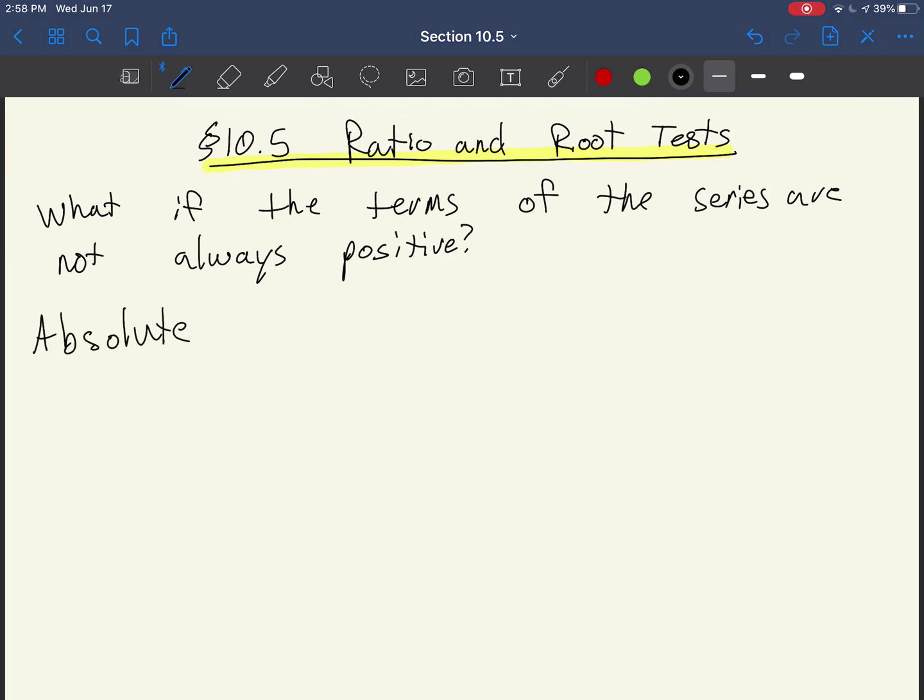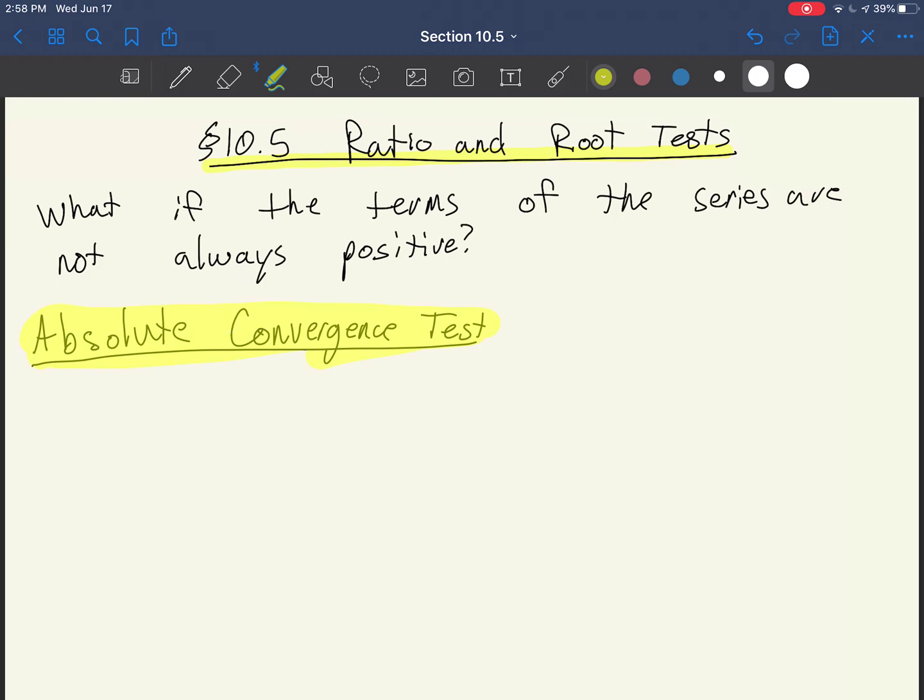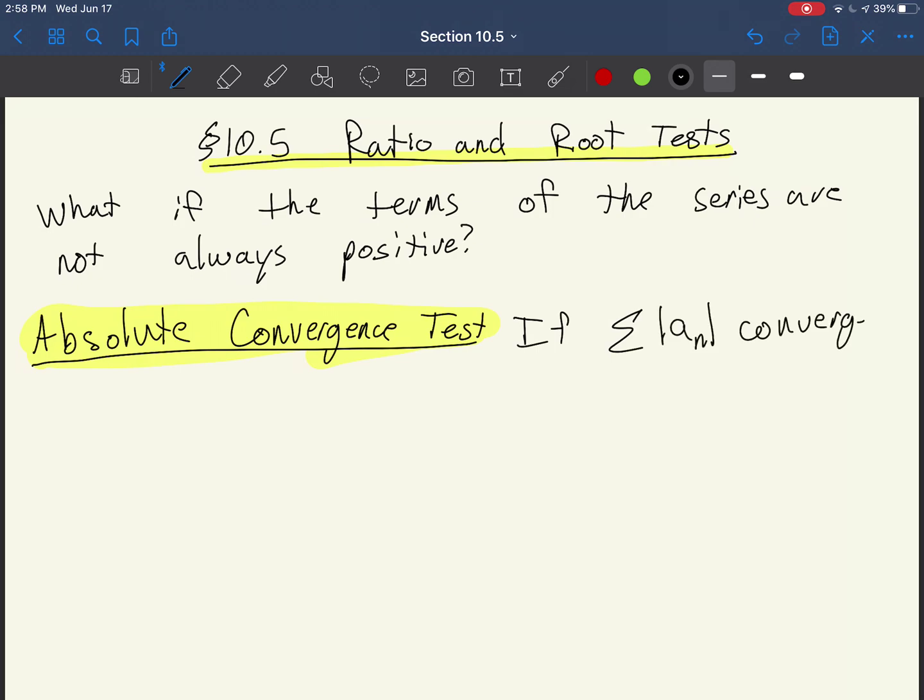So to talk about that, we have a theorem that we call the absolute convergence test. We have seen a theorem similar to this when we were looking at sequences. This says that if the summation of the absolute value of an converges, then the summation of just an must also converge.